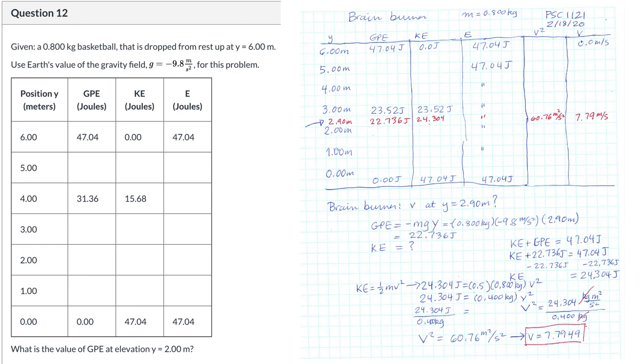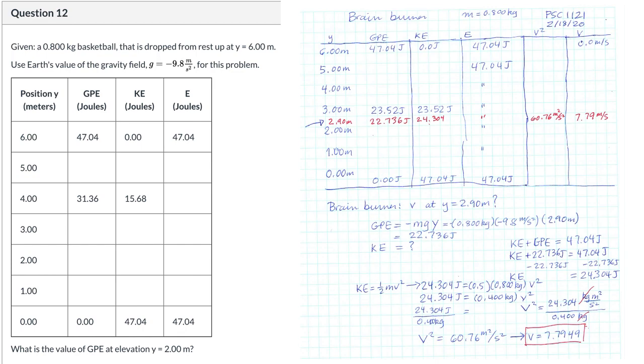What's the top elevation on the web courses table? Was it 6? Okay, so Y is 6.00 meters. And then what's the next column? Is the next column GPE or KE? GPE, so the position, GPE, KE.